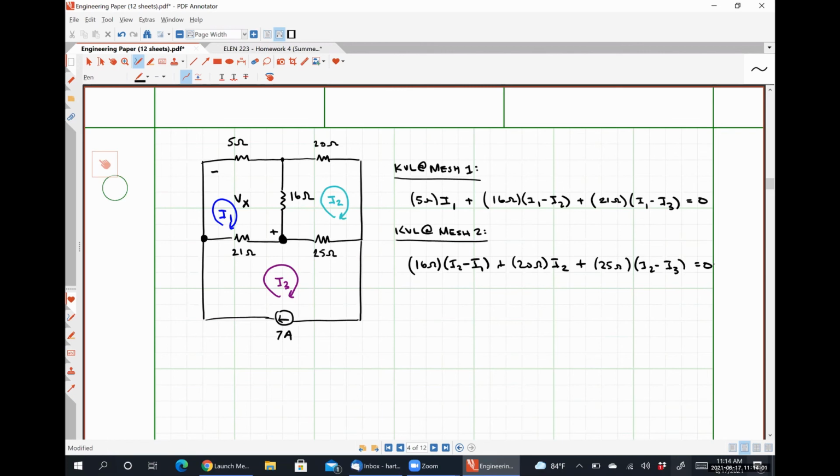So we are not going to do Kirchhoff's voltage law for mesh 3, because mesh 3 contains a current source on the perimeter of the circuit. Instead, we are going to write a current relationship equation.